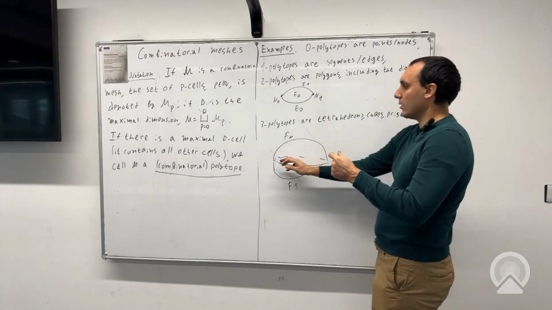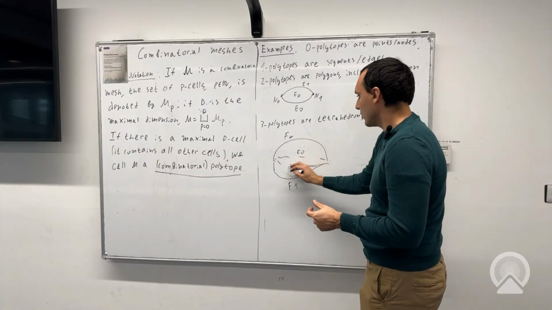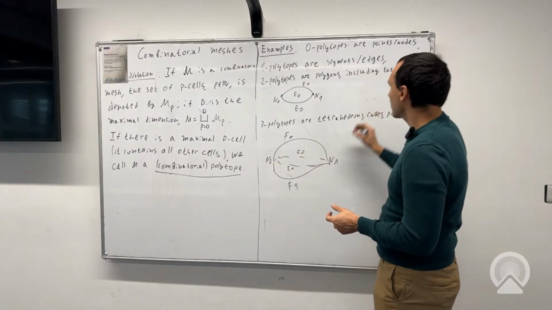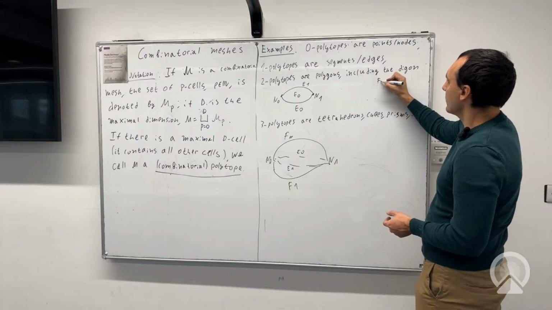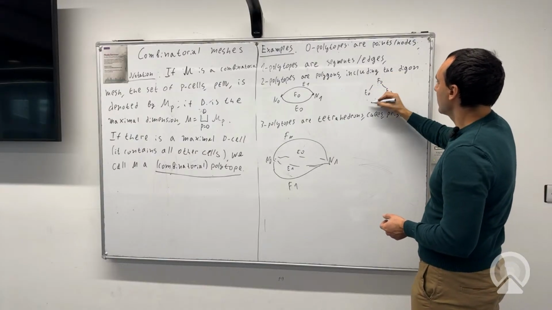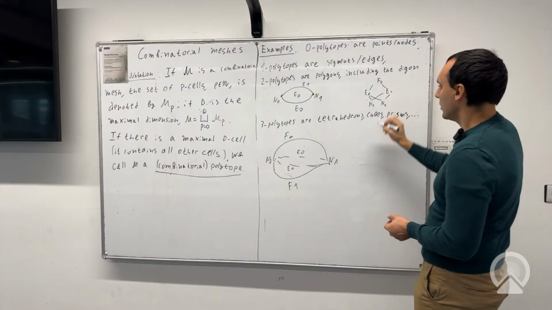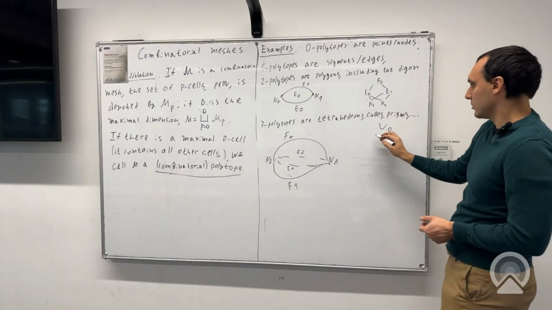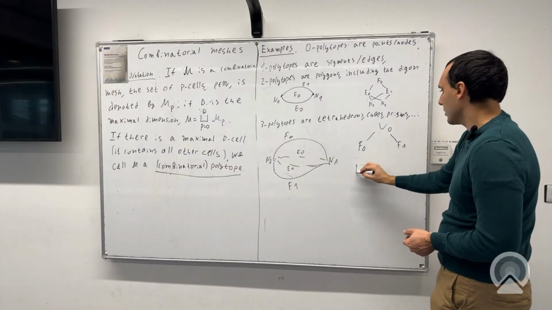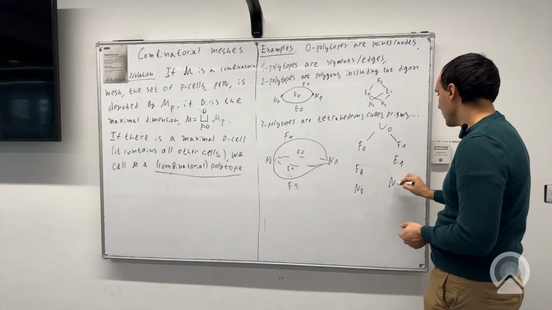And then there are only two edges, E0, E1, and 0 and 1. So the Digon here is F0, E0, E1, and 0 and 1. And here will be V0, F0, F1, E0, E1, and 0 and 1.